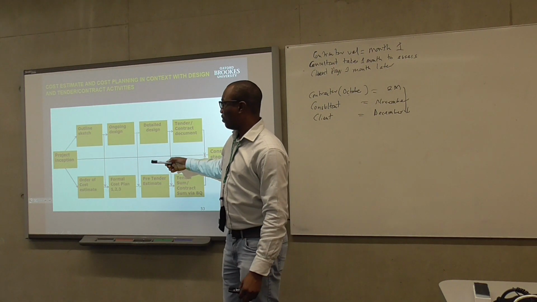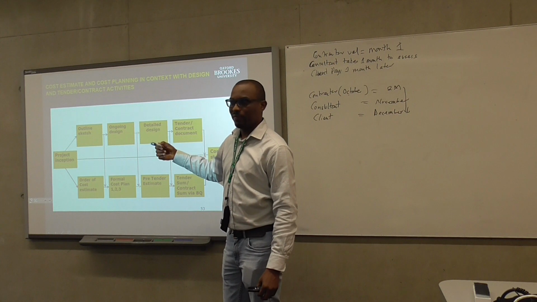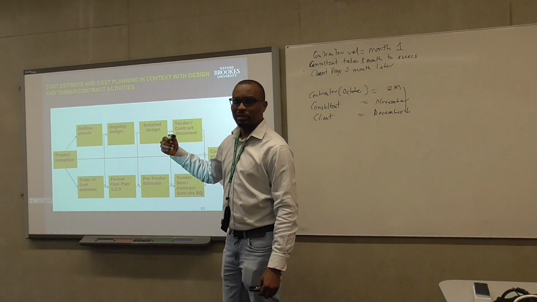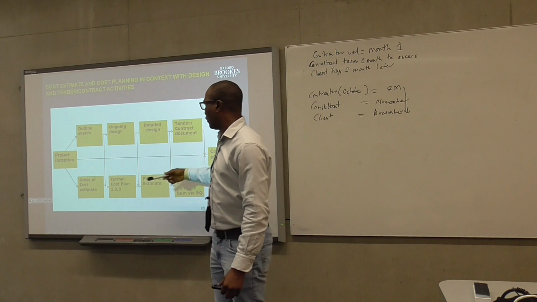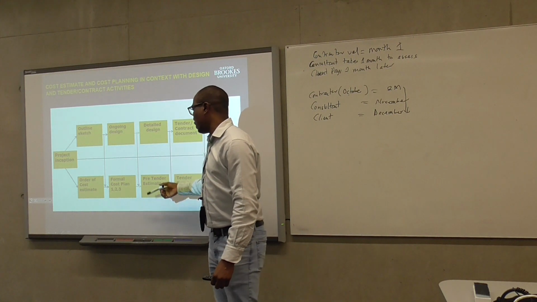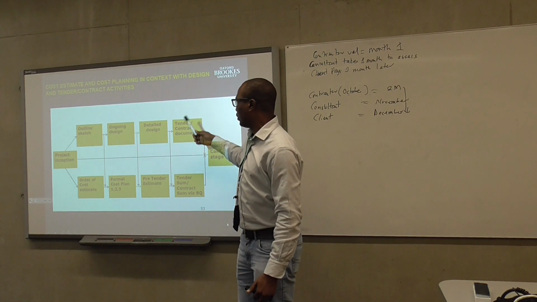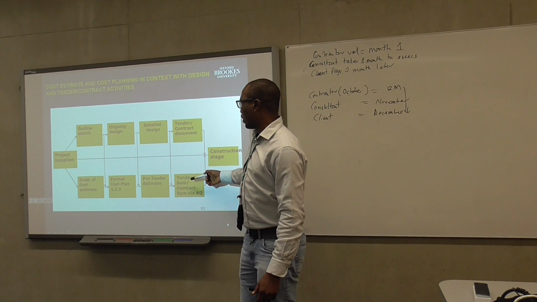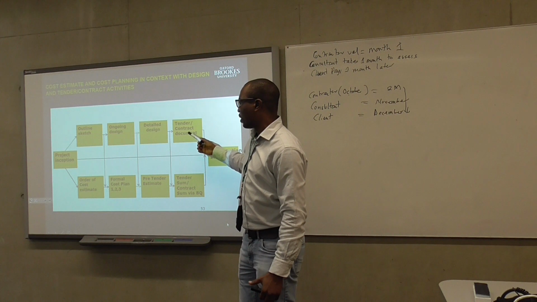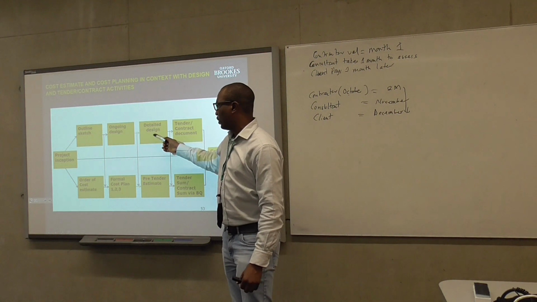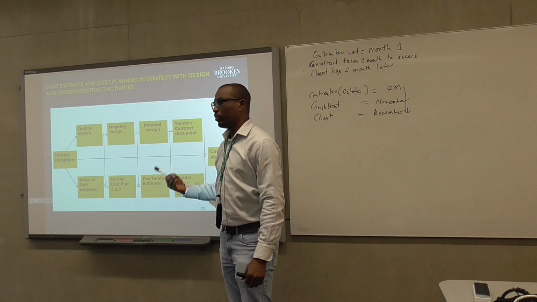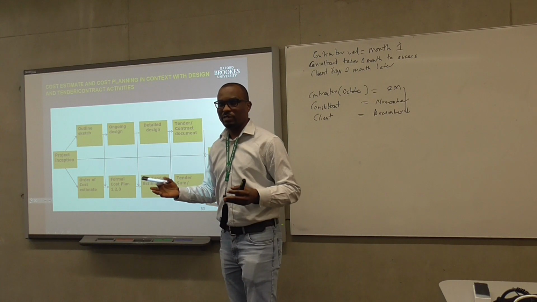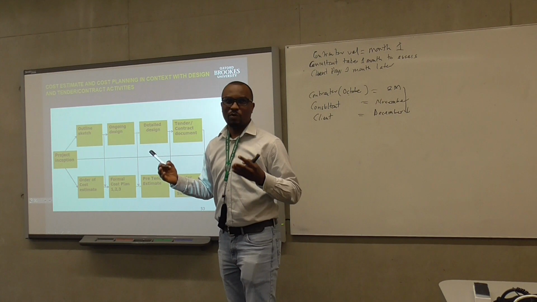For those of you doing QS, you do a lot of this in QS practice next semester or so. And then as you go to detailed design, you go to the pre-tender estimate, and then you come up with the tender or contract sum. Once you have your detailed design, you can come up with your bills of quantity because the design is completed. You can really estimate the actual quantities.